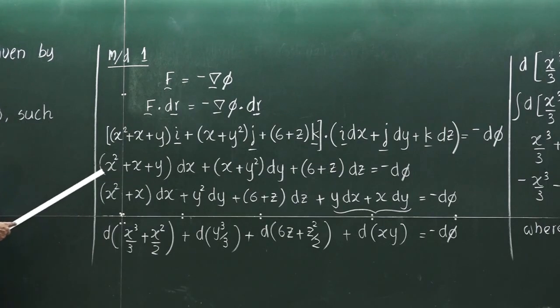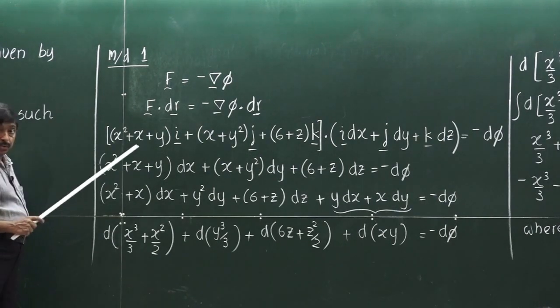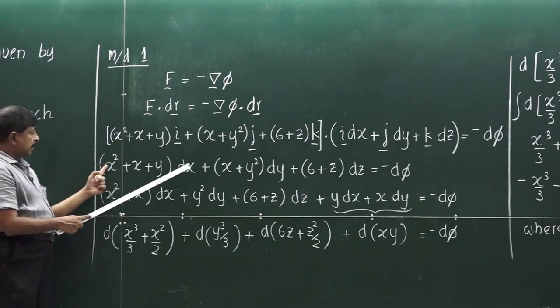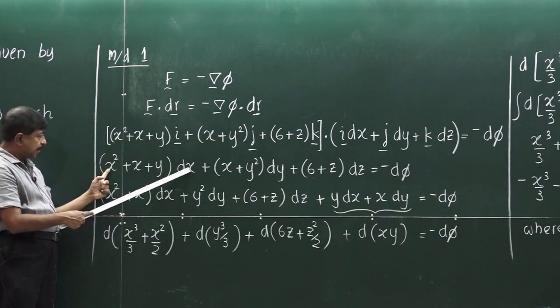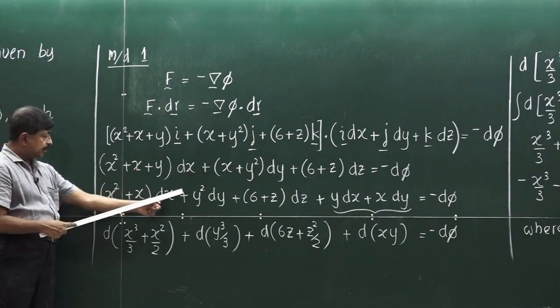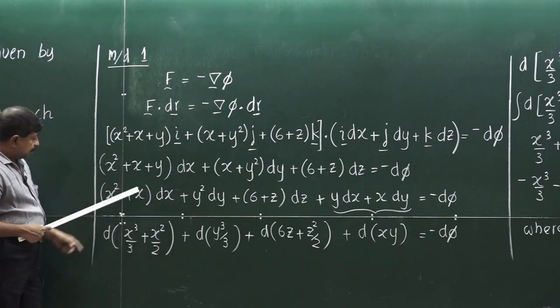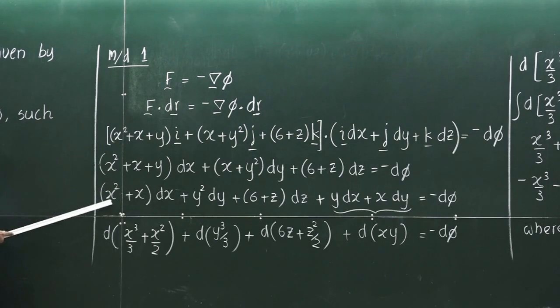Then here is the catch. You identify the terms consisting of only one variable, like x squared dx is a term of that type, x times dx. So, I will combine both. In this case, we have only x.